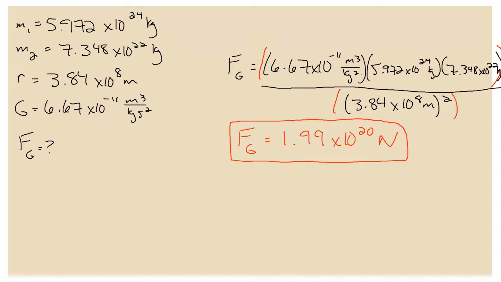And so notice, there's supposed to be a seconds there. That's kilogram per second squared. This kilogram cancels one of those kilograms. That leaves behind my kilogram. My meter squared here cancels two of those meters, leaving behind just one.